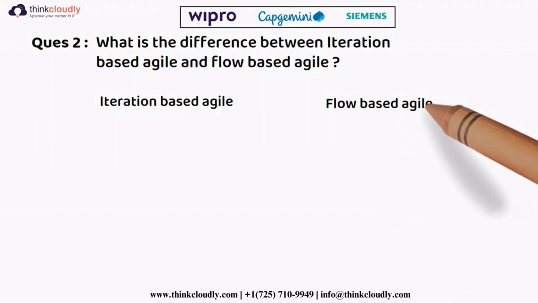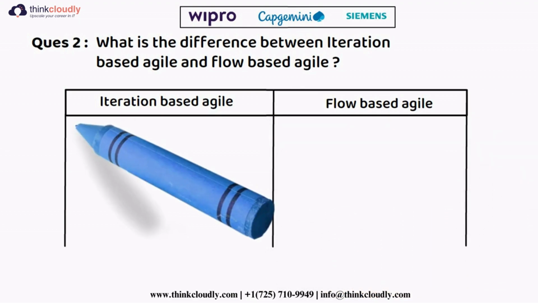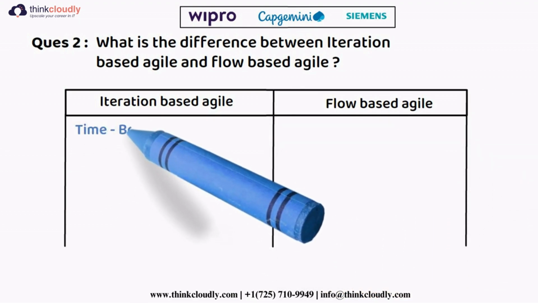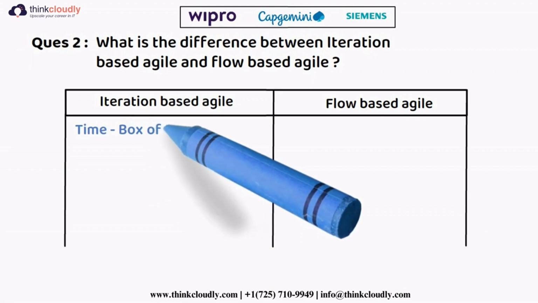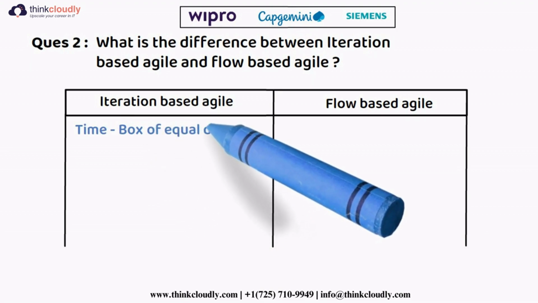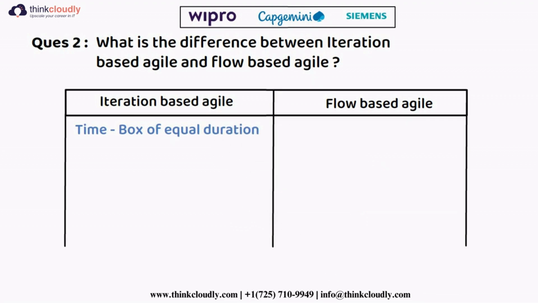The main difference is that iteration based agile works on a fixed time box. They develop features within a fixed time box of equal duration. But in flow based agile, the iteration is not of equal duration.